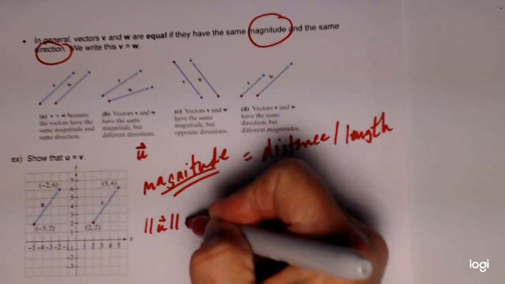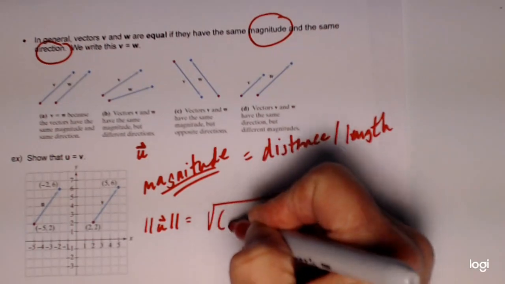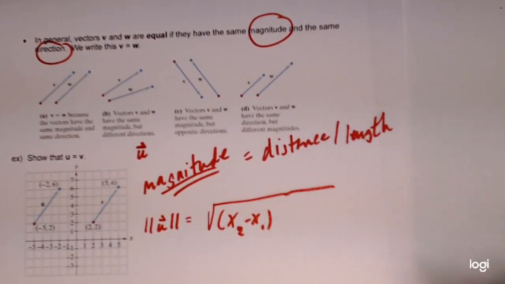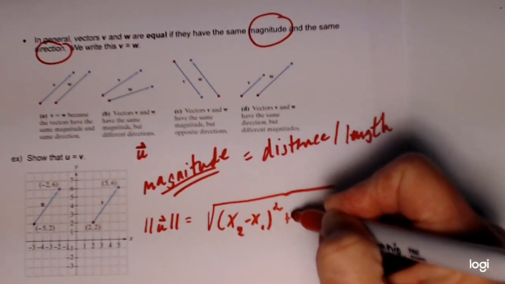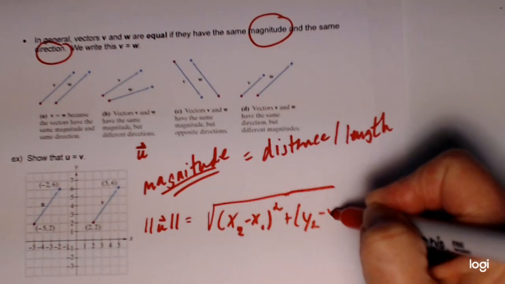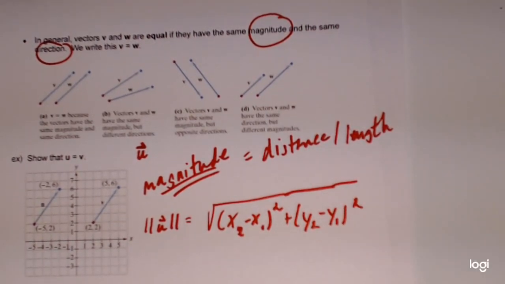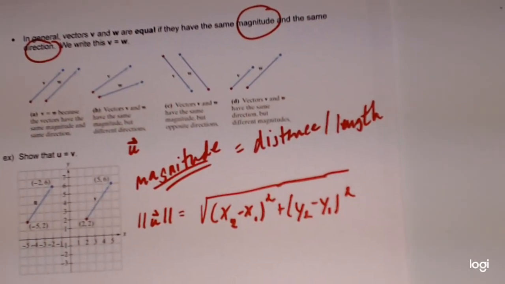So we haul out our old distance formula, which says that it's x2 minus x1, or the distance between the two x values, squared, plus y2 minus y1, or the distance between the two y values squared. So there's our distance formula. I'm using it for U, but it's the same distance formula that we're going to use for every vector.